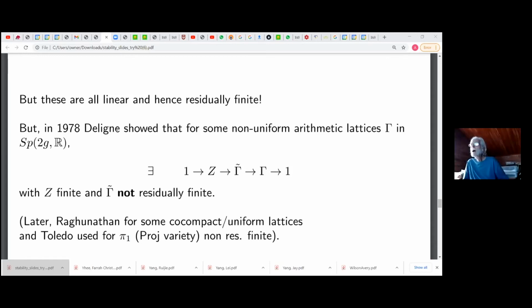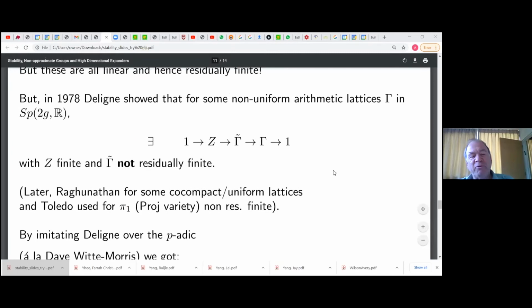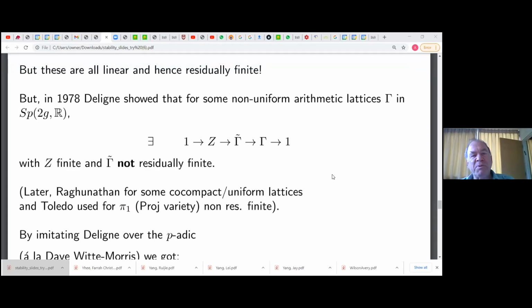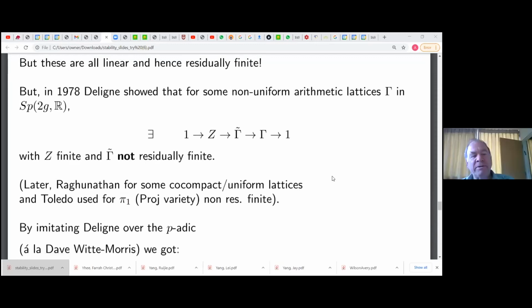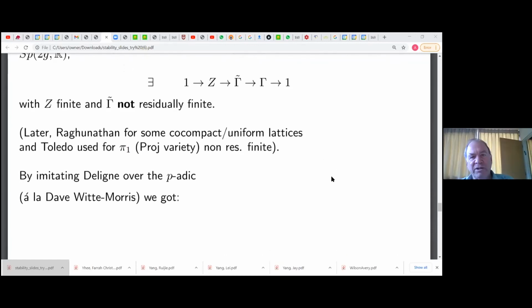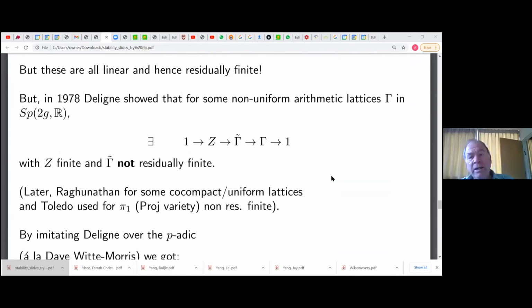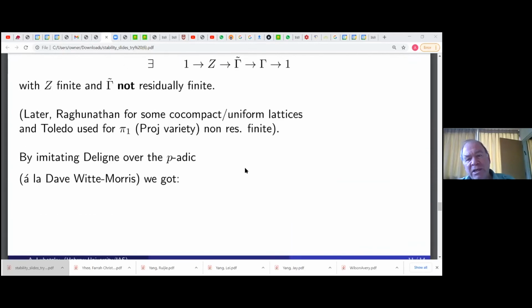And luckily, I found on the web that Dave Morris gave a talk somewhere a few years ago, presenting this paper of Deligne, and he put his talk on the web, and that was very helpful because the way he presented the proof I could understand, and then it was not so difficult to imitate it to the p-adic numbers.